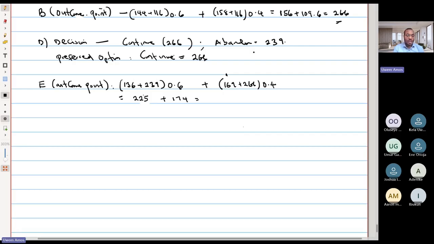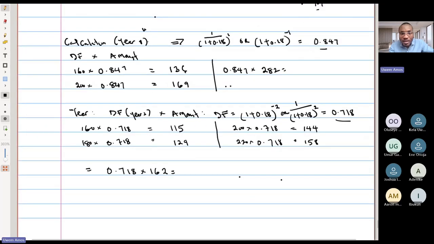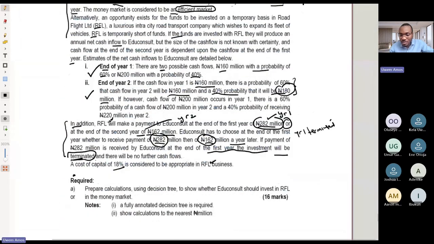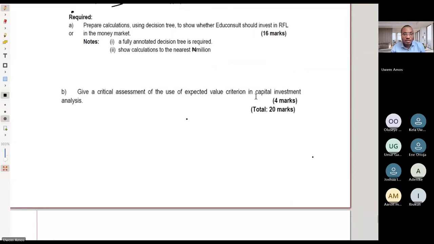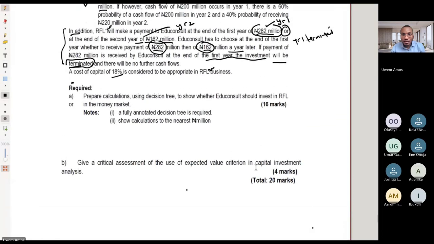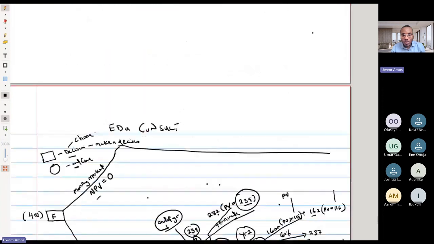Let me do the second one again. I think there's an error there. 169 plus 266 multiplied by 0.4. Okay, let's look at the values again. I think I must have missed out something from the values. Or did I do it twice?